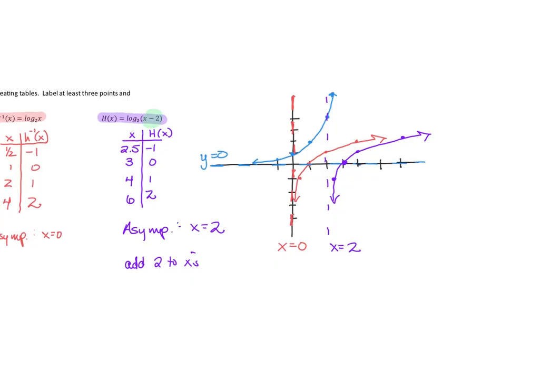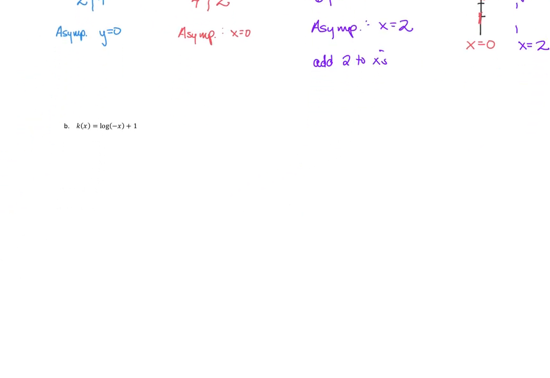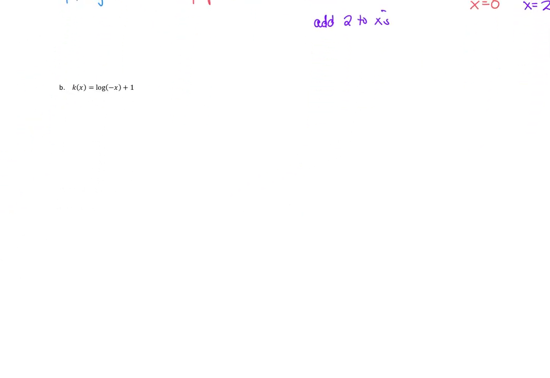All right, let's look at one more example. For b, we have k of x equals log of -x plus 1. Again, the first thing that I want is to start with my table for just the basic logarithm.